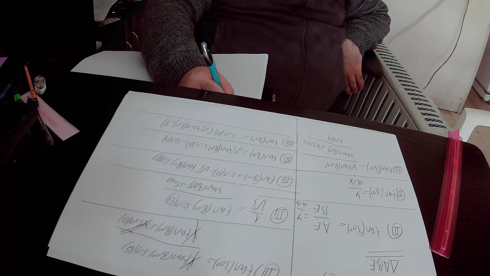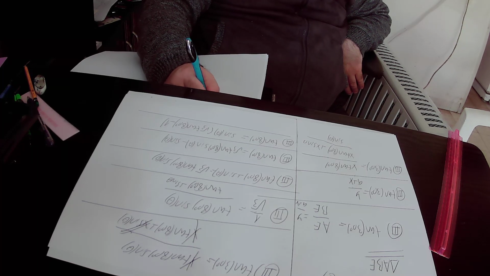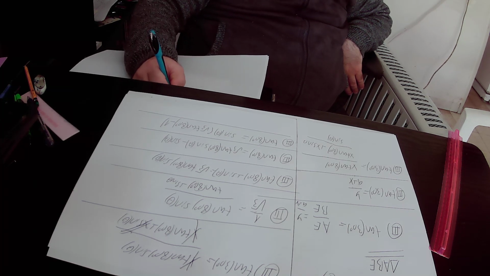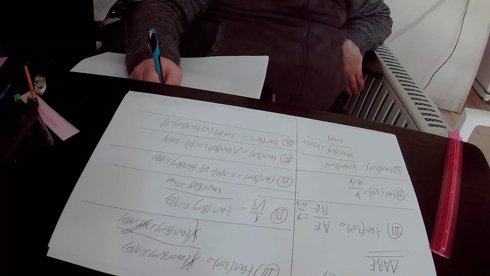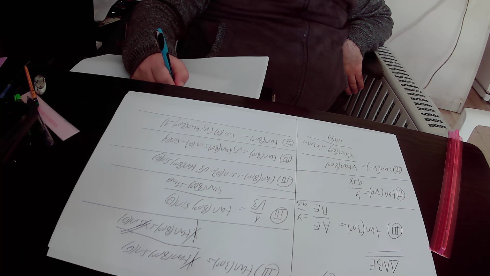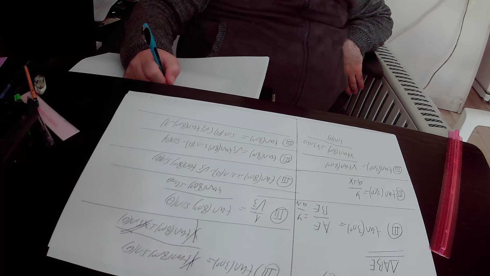according to equation number 3, sine theta equals tangent 80 degrees over square root of 3 tangent 80 degrees minus 1.